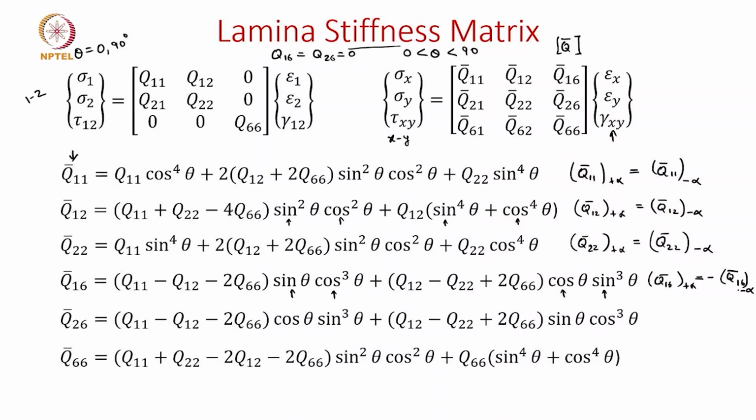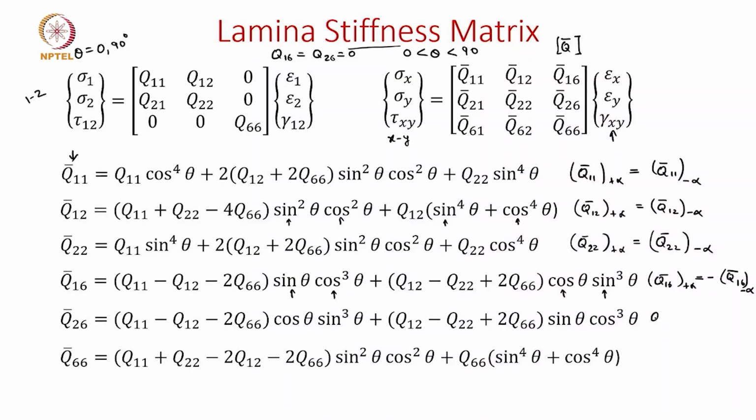And this minus is coming because the sine and cos have odd powers to them. But all the rest of the terms remain the same because we are looking at the same material, meaning the same stiffness matrix Q. So Q11, Q12 and Q66 remain the same. The only difference is the angle. Now we see these are different.